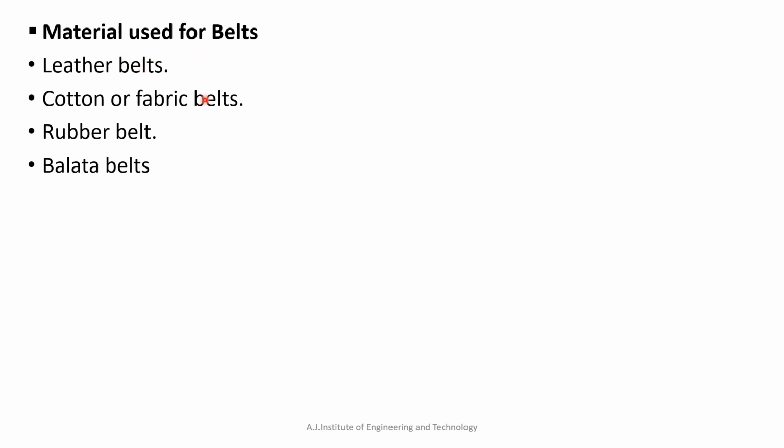The materials commonly used are leather belts, cotton or fabric belts, rubber belts and balata belts. The material depends on the parameters I already explained for the selection of belt drives. Based on those parameters, we can select the belt material.